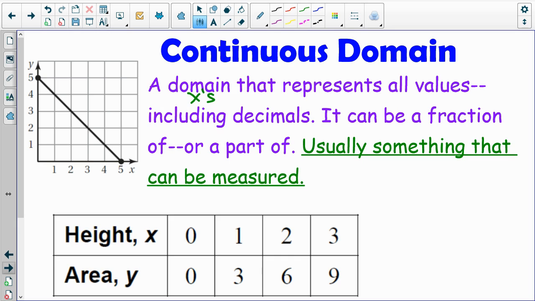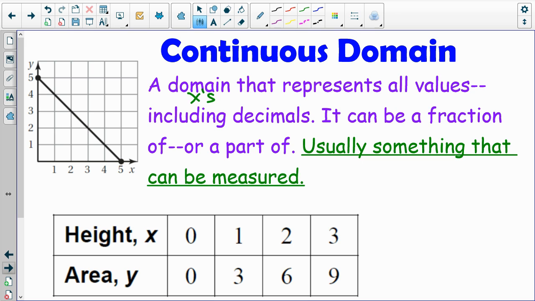It's usually something that can be measured, like height, weight, distance, speed, temperature, time, all those things that you can measure that can be a decimal, then that's considered a continuous domain. You can have values between the wholes, 1.2, 7.85, anything like that.